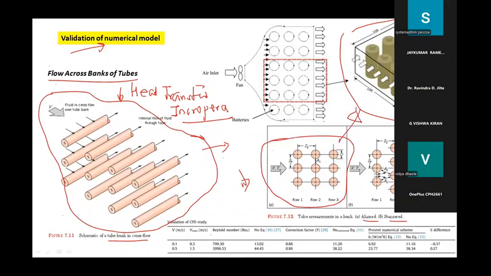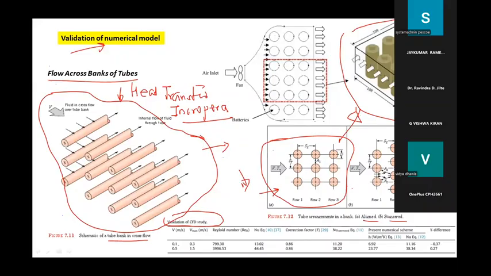Now, theoretically, all the equations are available to predict the surface temperature as well as the temperature across the tubes. We have also made use of this available literature, and we have carried out the validation of the CFD study.